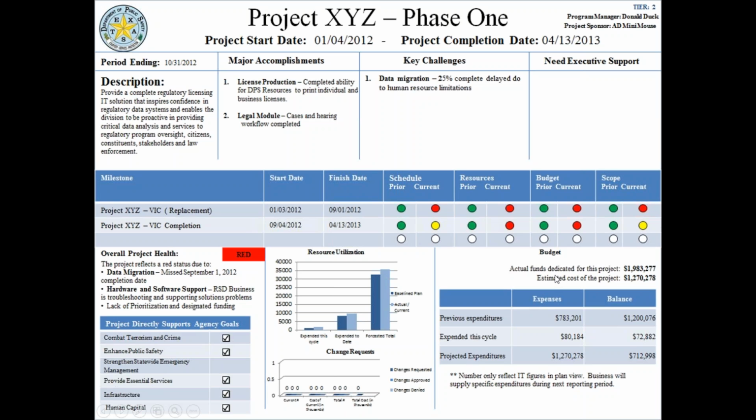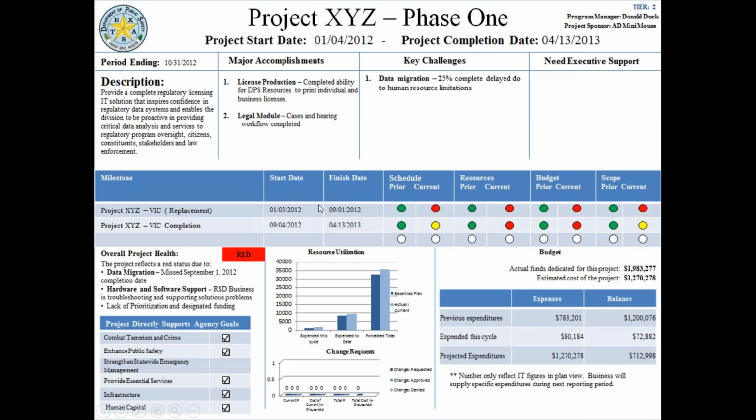Almost $2 million has been allocated to this project, and the spend so far is about 1.2, almost 1.3. And you can see the expenditures this cycle, total project expenditures, balance and so forth.